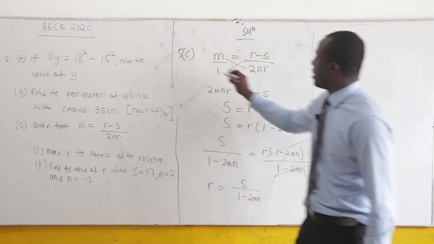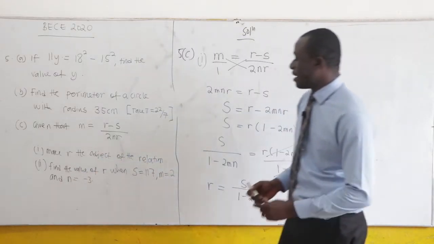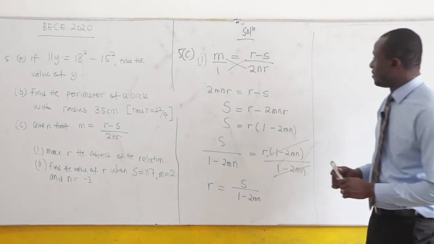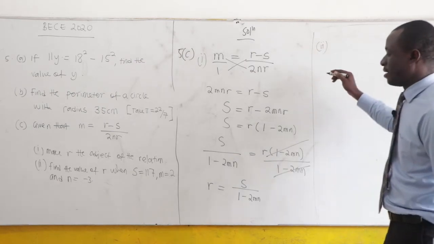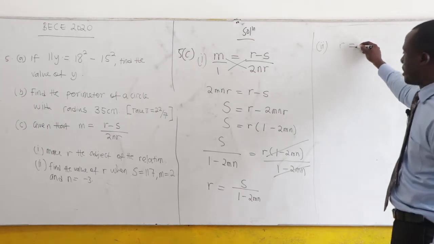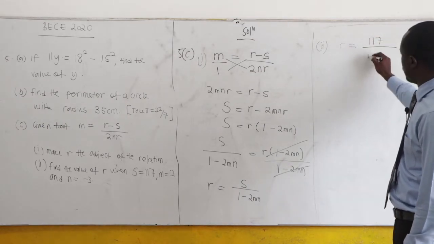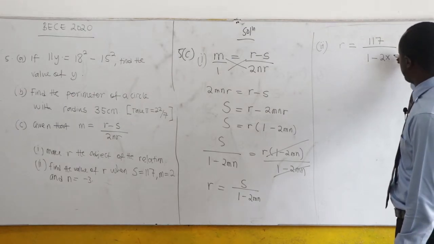Now the I. Let's see the I. We should find the value of R when S is 117, M is 2, and then N is negative 3. So the second one, the I, we want to find R. What is S? S is 117 all over 1 minus 2 times M. What is our M? Our M is 2.